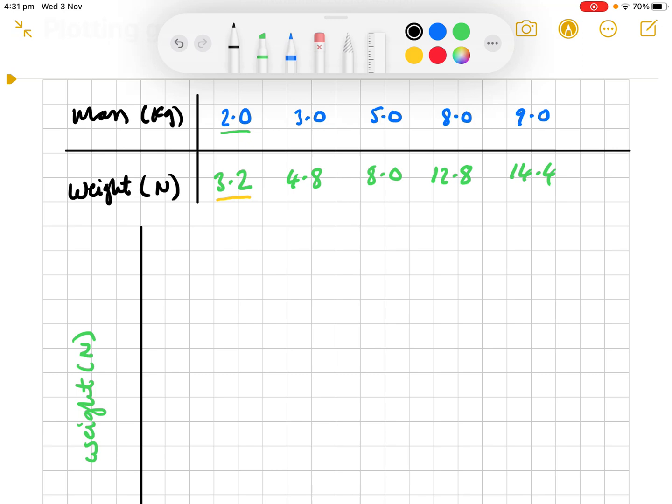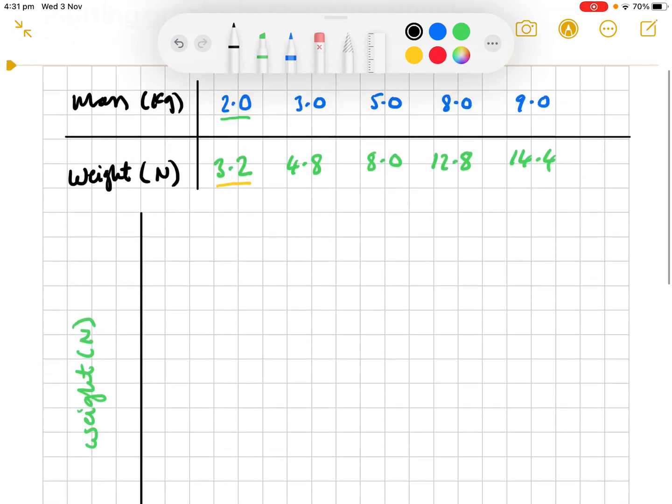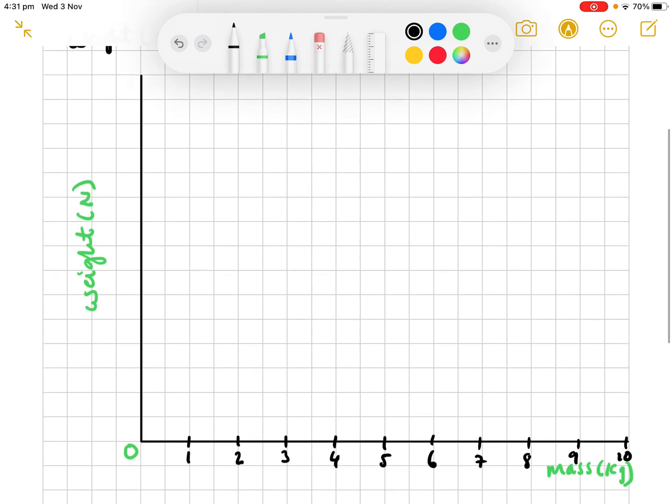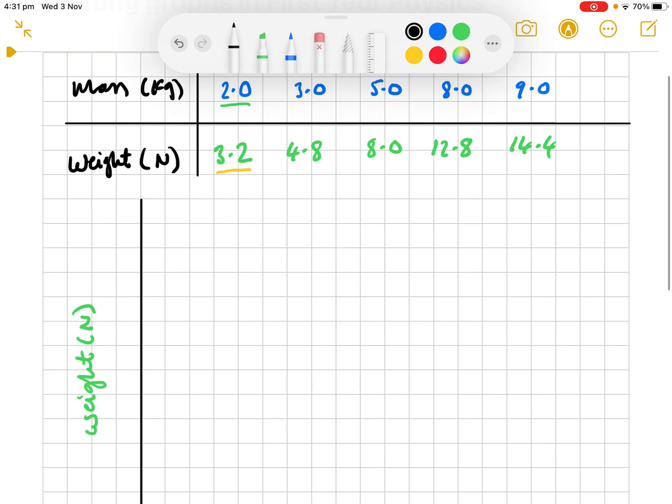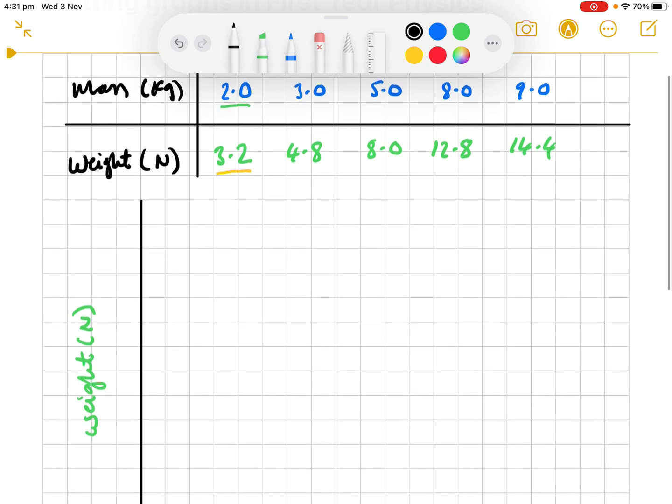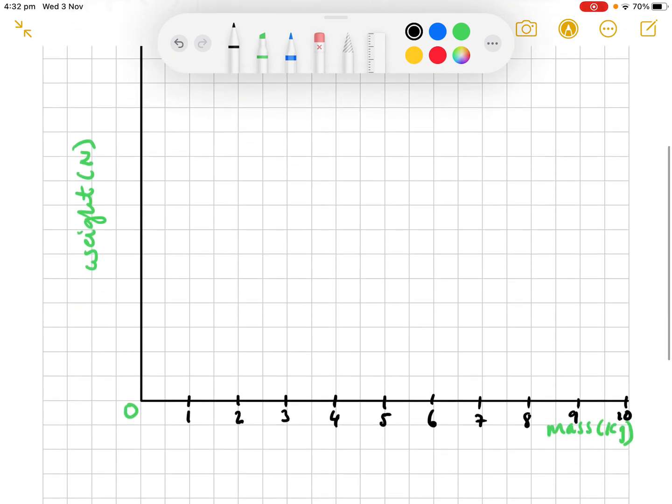I can't plot the points, you see, until I've actually got the scales drawn. I need to know how many boxes to go along and then how many to go up. So there's my x-axis scale, the mass scale in kilograms. Now the weight scale, always look at the maximum one. The maximum weight is 14.4, so I'm going to go to 15.